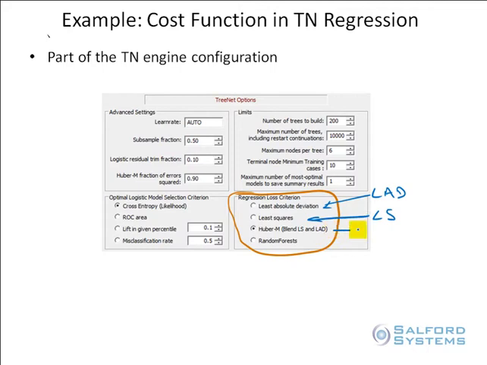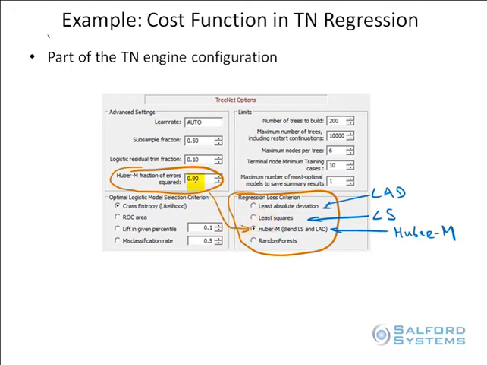And the third one, the default option, stands for Huber-M. Those are the 3 losses that were just introduced. In addition, you can also notice that there is this Huber-M fraction of errors squared located here. It's set to 0.9. It's directly connected to Huber-M.